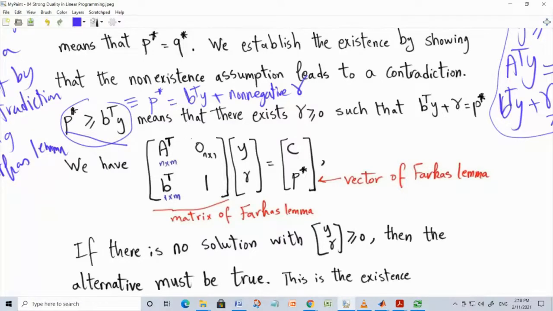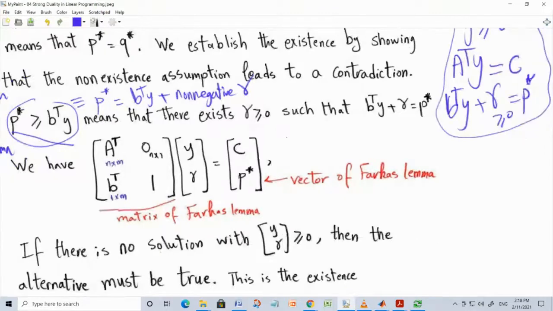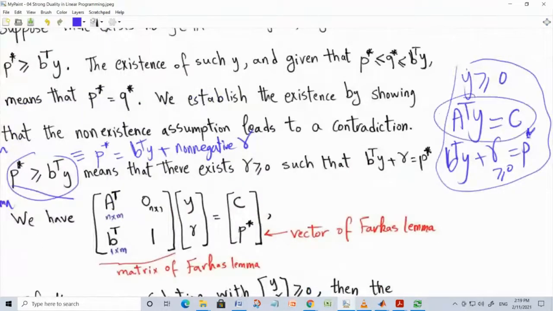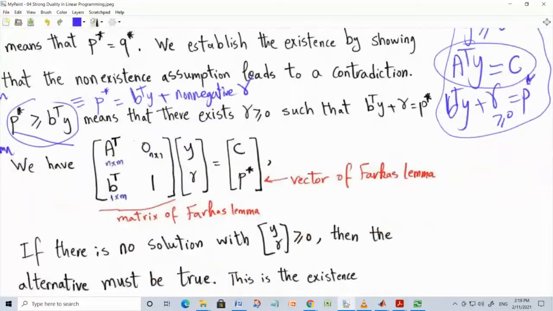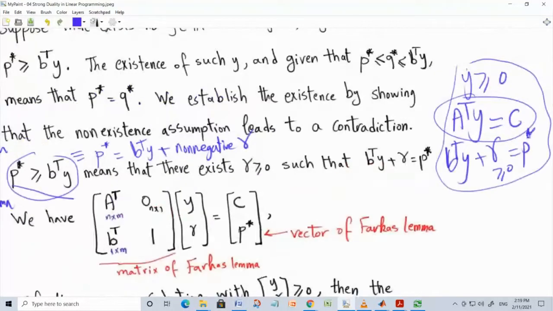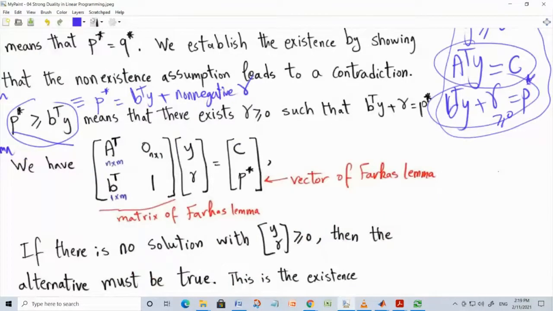If you read this equation, A transpose Y plus 0 gamma is equal to C. That's A transpose Y equal to C. And B transpose Y plus gamma is equal to B star. And Y should be greater than or equal to 0, and gamma should be greater than or equal to 0.